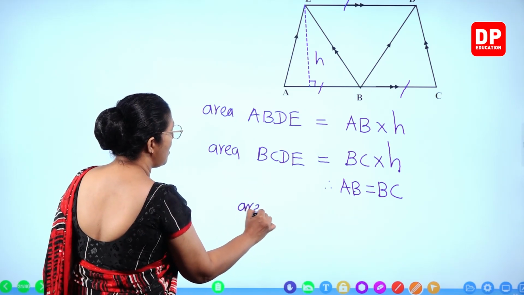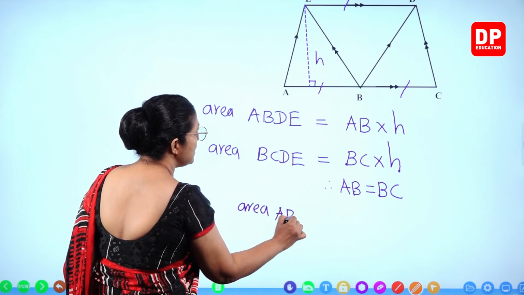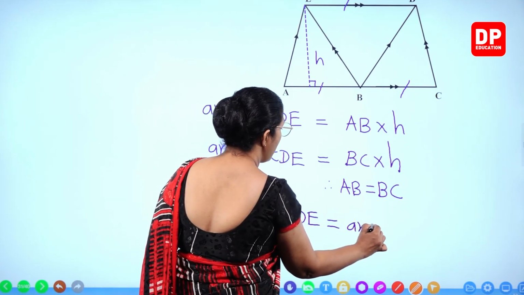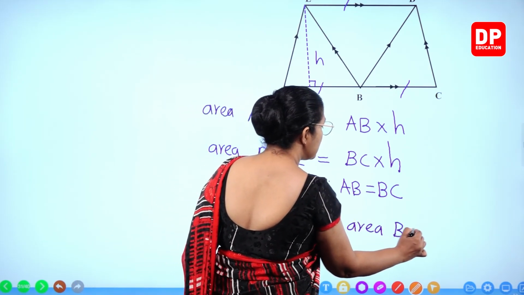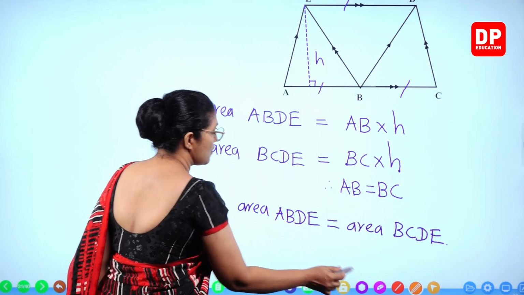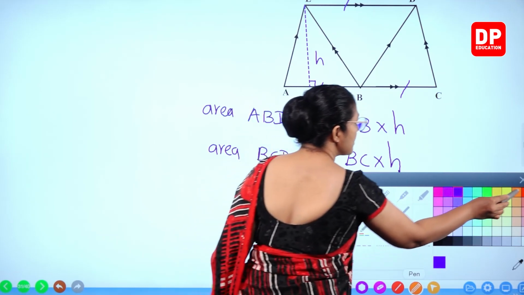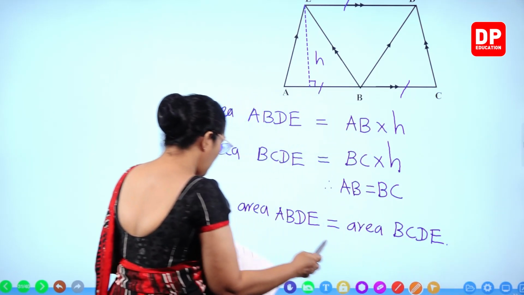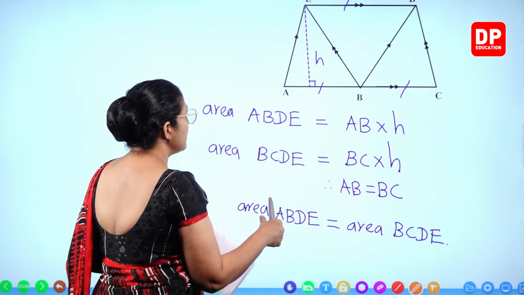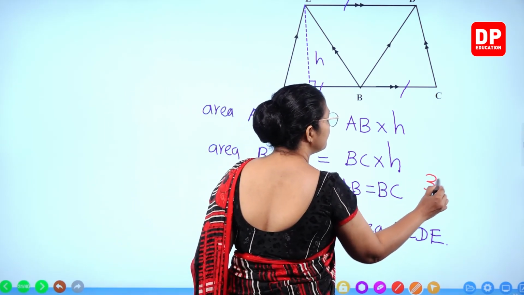So area of ABDE is same as area of BCDE. That's the second part. How many marks for that? You are getting 3 marks.